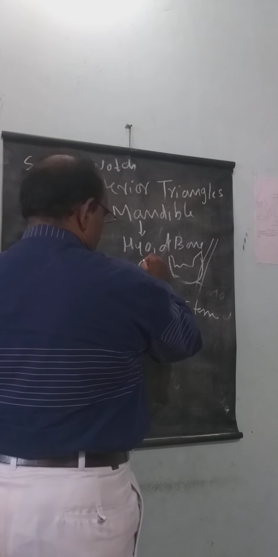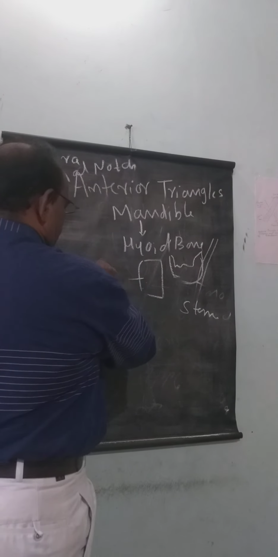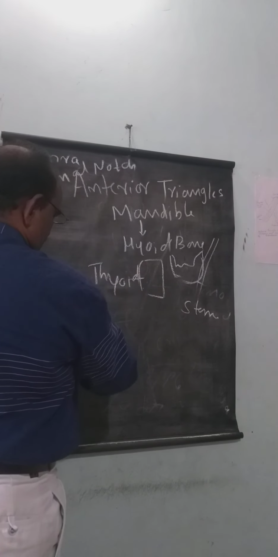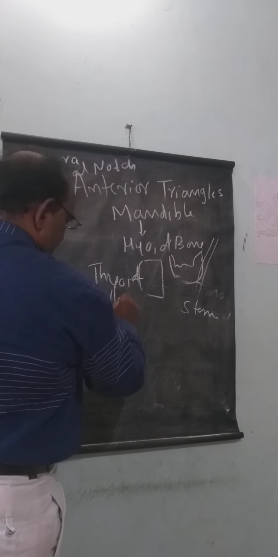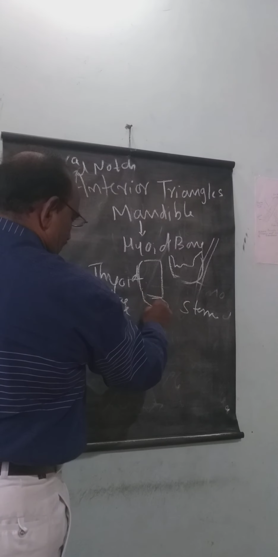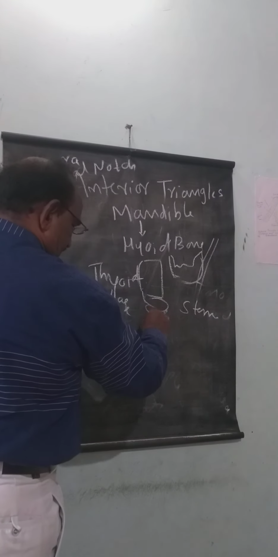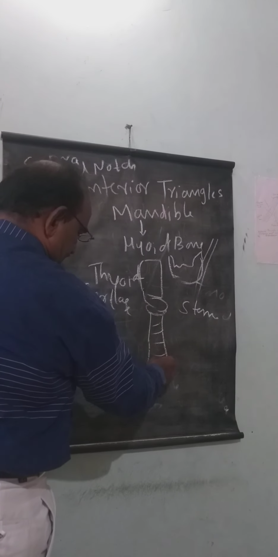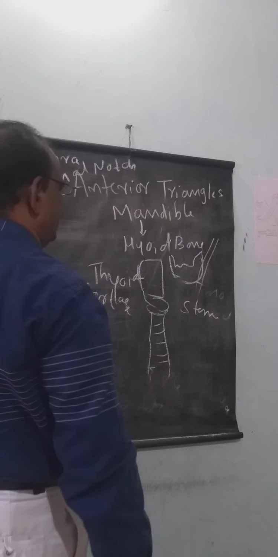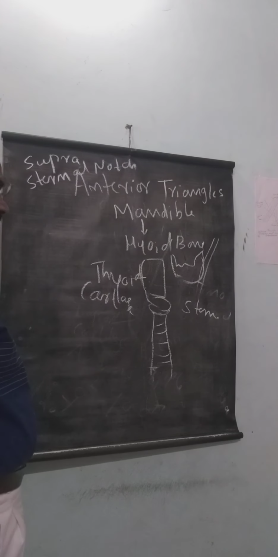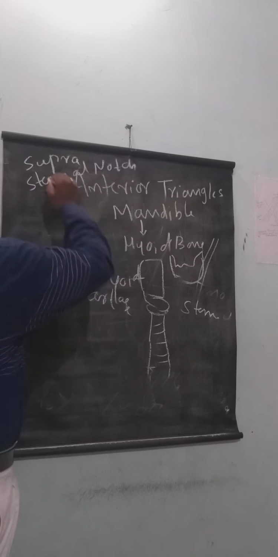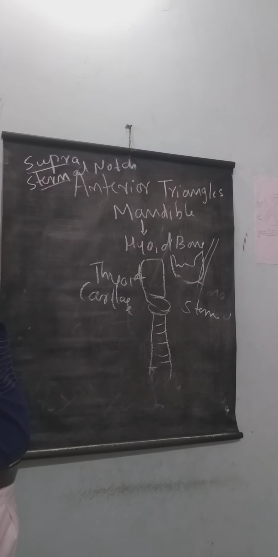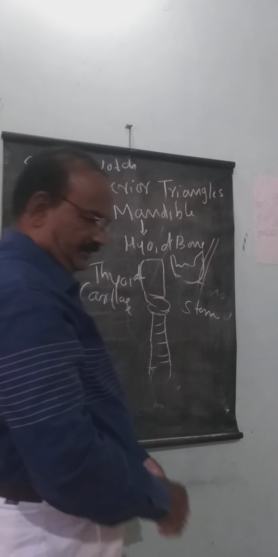Then there is the thyroid cartilage of the larynx, then the cricoid cartilage, then comes the trachea, which is easily felt in the suprasternal notch. These are the landmarks we are going to see.